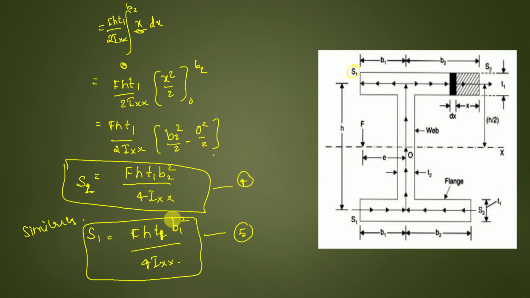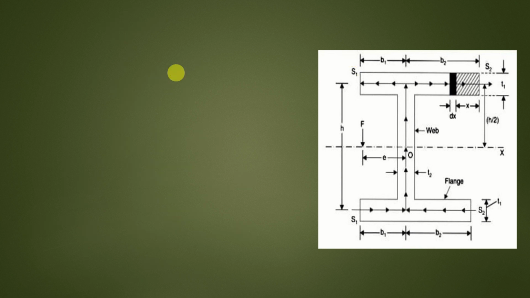Now let us find out e. Before that, let us take moments about point O. So what we have here: S1 into h by 2, that is an anti-clockwise moment, minus S1 into h by 2.